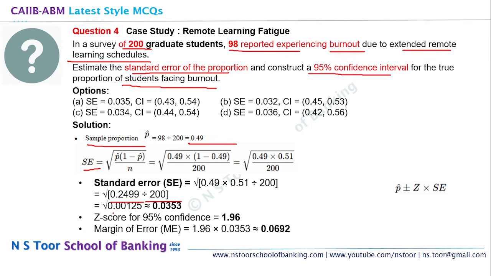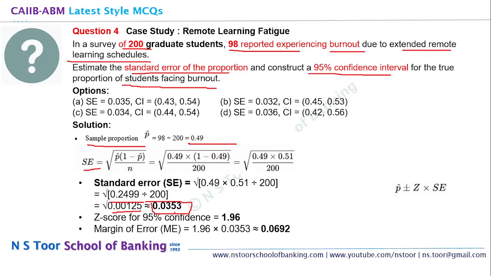So the answer comes to 0.00125. Now we have to take the square root of this 0.00125. So 0.0353 is the answer for our question.